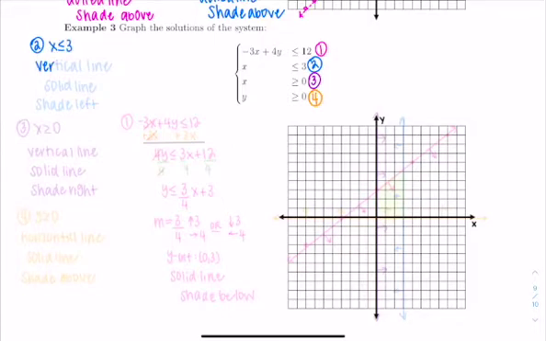This is a vertical line. It's solid. And we're going to shade to the left. So let's go ahead and draw that one.